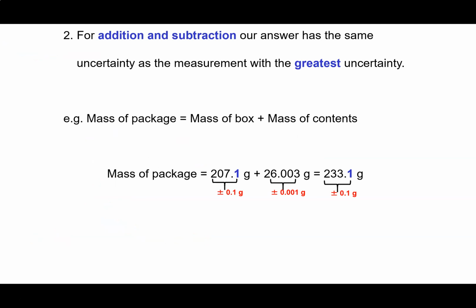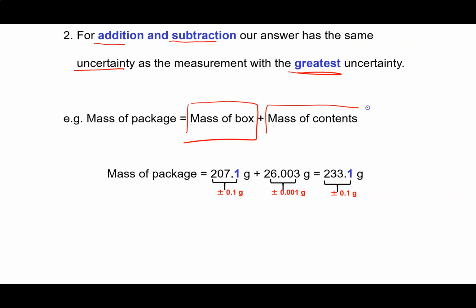Okay. When you're adding and subtracting, it gets a little more complicated. Your answer will have the same uncertainty as the measurement with the biggest uncertainty. So say you're sending a package, right? And you get a box, you weigh the box on a scale and you get a number for that. And you use a big scale for the box because the box is big and heavy.